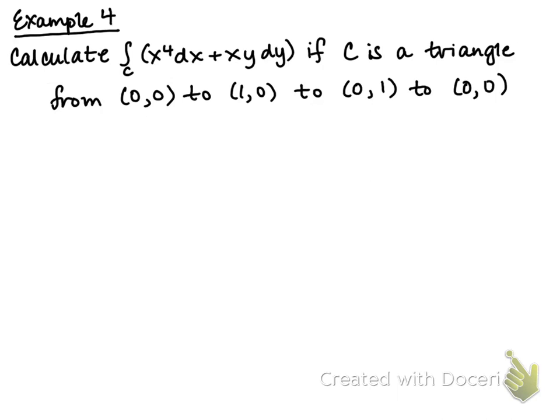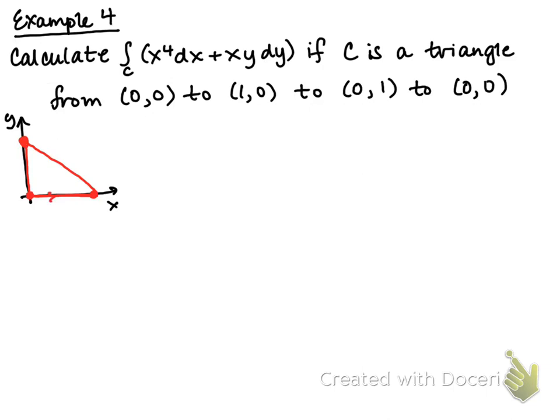Okay, let's draw a picture of C. And you'll see why this is a great candidate for using Green's theorem. Okay, so I'm going from 0, 0 to 1, 0 to 0, 1, and then back to 0, 0.